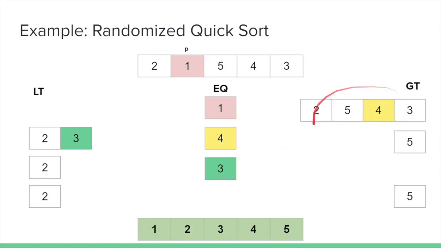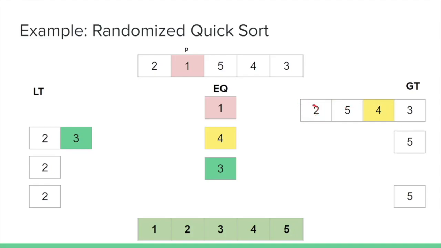So we will sort this list now, the greater than list. So out of these 4 numbers, it'll choose another random pivot. So let's just go with 4, for example, as the random pivot. So 4 will be chosen as the pivot, and again, it will compare each value and sort it accordingly into the less than list, equal list, and greater than list.